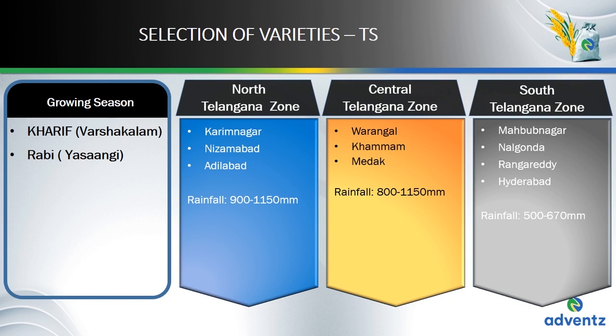In Central Telangana zone, the normal rainfall ranges from 800 to 1150 mm. And the districts which are covered under the South Telangana zone are Mehboob-Nagar, Nalgonda, Rangareddy and Hyderabad. And the normal rainfall ranges from 500 to 670 mm.